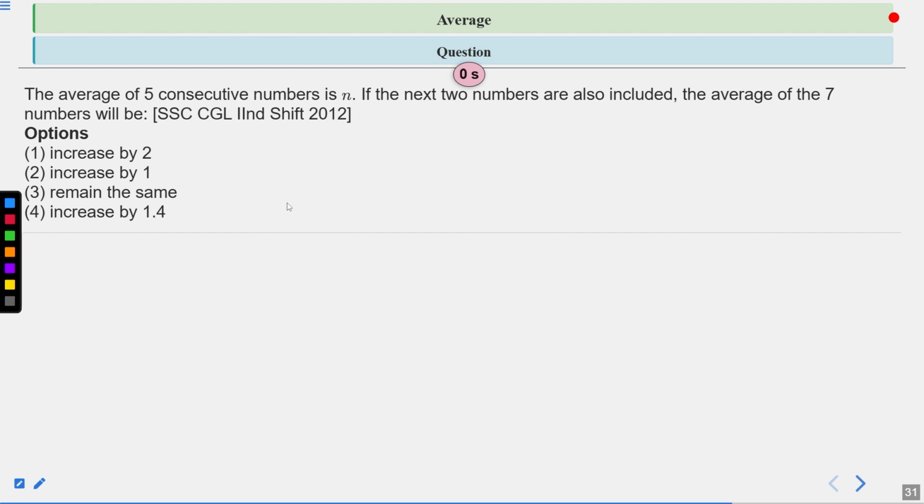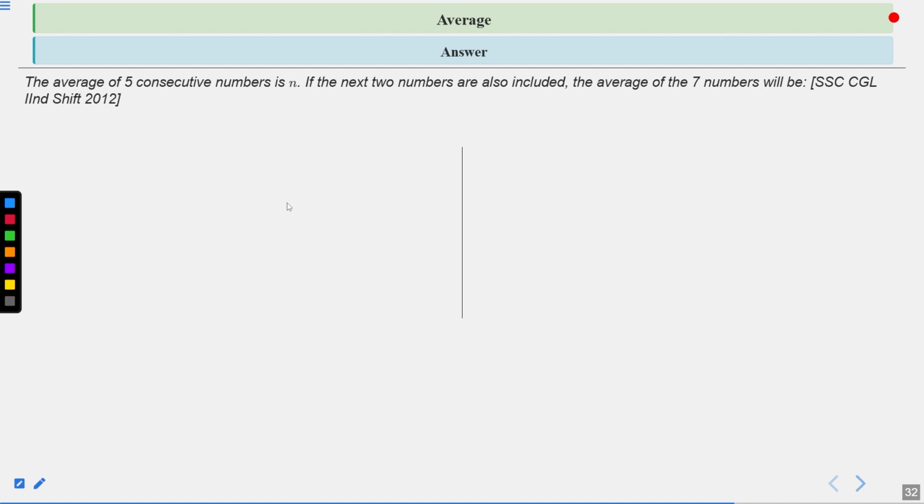Now time's up. Let's see the solution of this question. The question says that the average of 5 consecutive numbers is n. If the next 2 numbers are also included, what will the average of 7 numbers be? So we can calculate it. The correct answer of this question is the second, which is increased by 1. Now see the detailed solution.